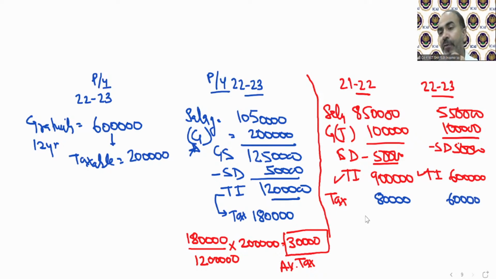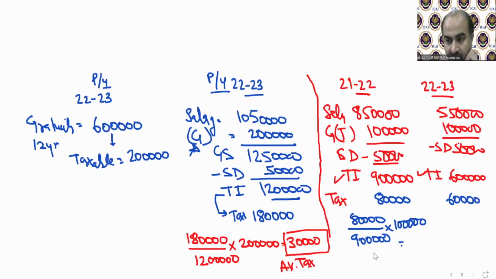So now we need to find the average tax paid in these 2 years separately. 80,000 tax was paid when the taxable income was 9 lakh. So how much tax did we pay on 1 lakh rupees gratuity? 80,000 has been paid on 9 lakh rupees income, so technically we are paying 8,888 on 1 lakh rupees.